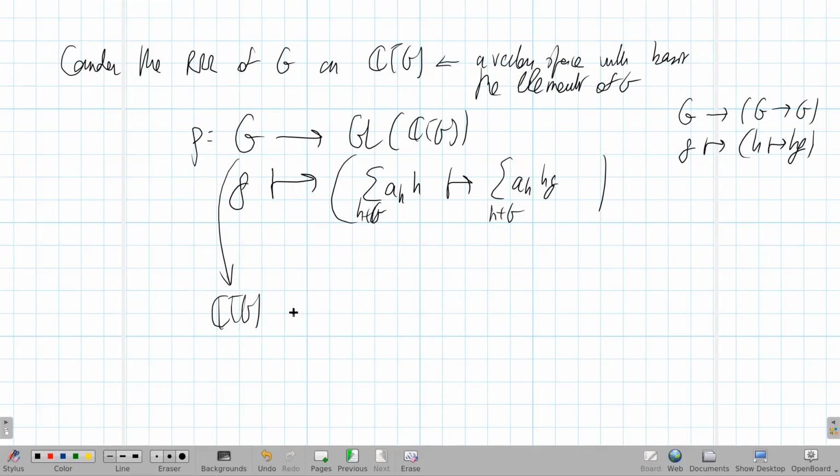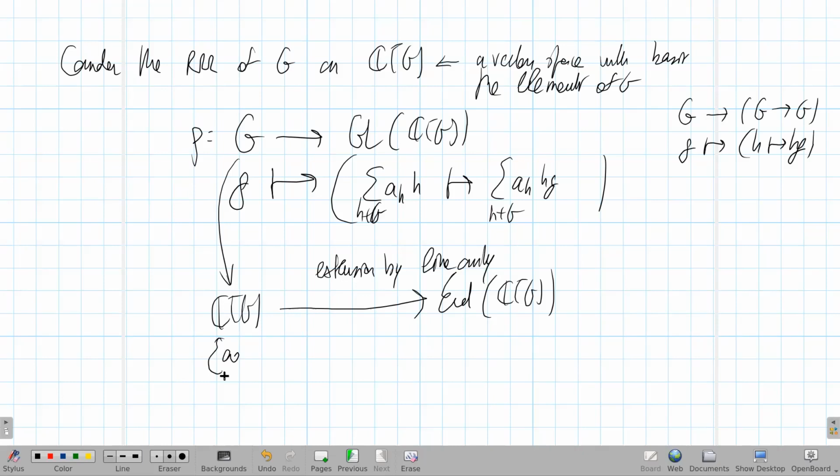And you can extend this to a mapping to the endomorphism of CG. So this is extension by linearity. There's linearity everywhere. And what does it mean? Well, you have an element sum of AG G, and this is sent to the map that sends this.